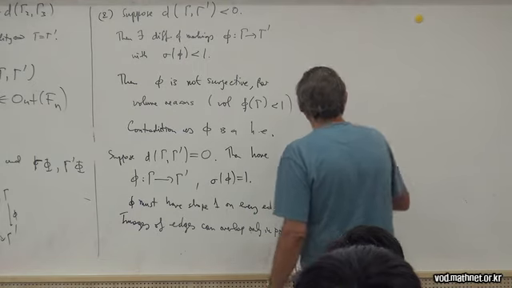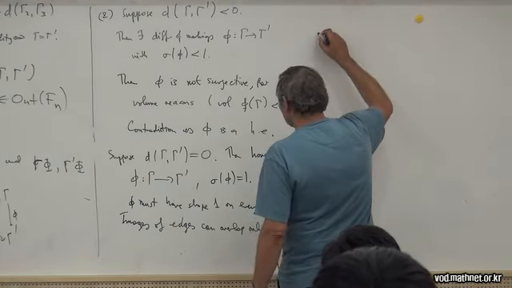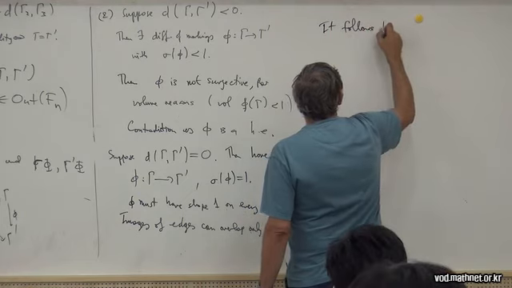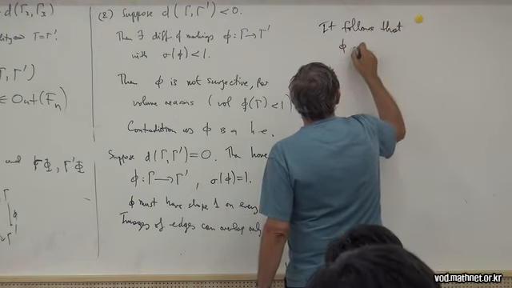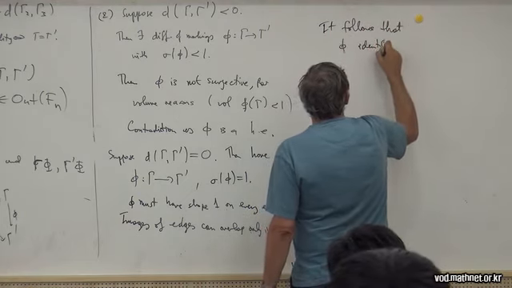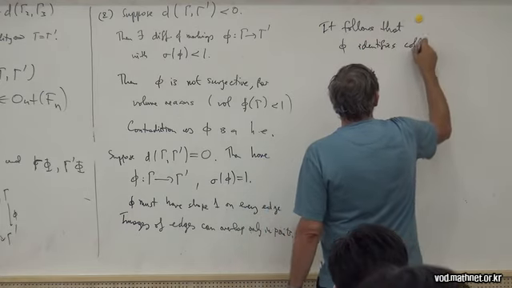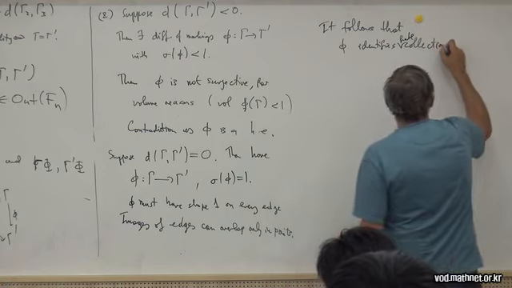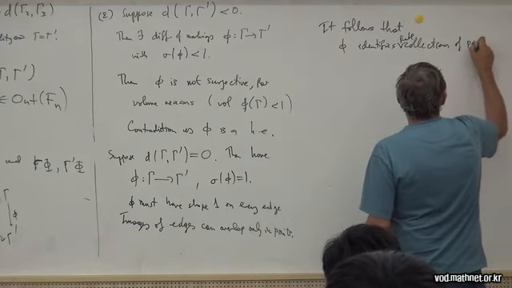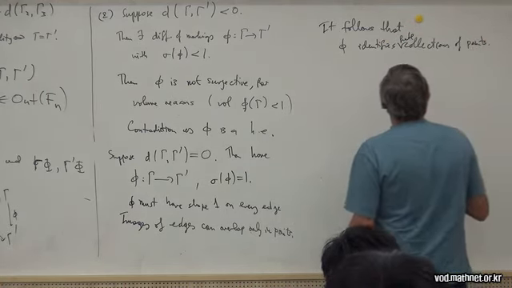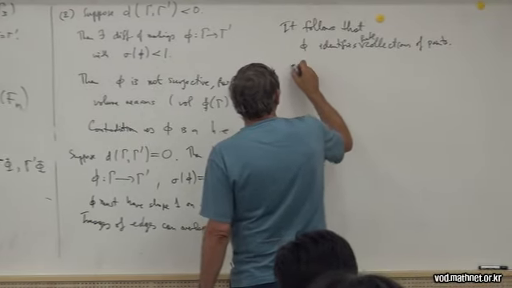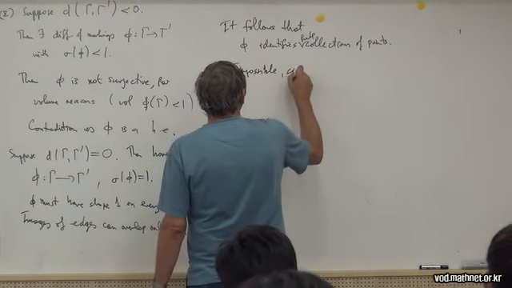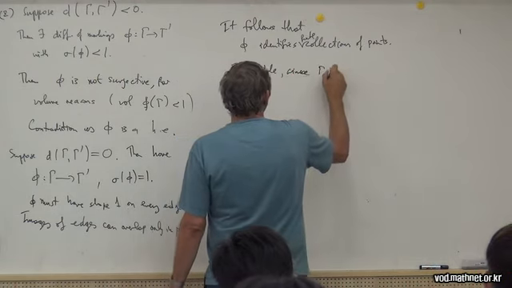Okay, so this is simple. So it follows that phi identifies finite collections of points. But that's impossible since gamma and gamma prime have the same rank.